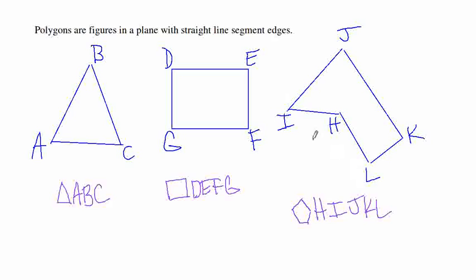Now let me mention a little bit about congruency with respect to polygons. Okay, so polygons are congruent if all corresponding sides and angles are congruent.